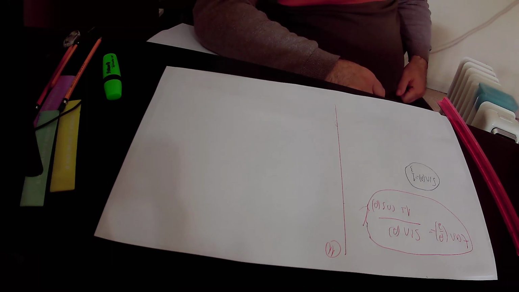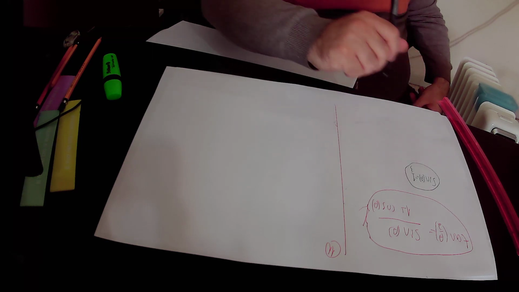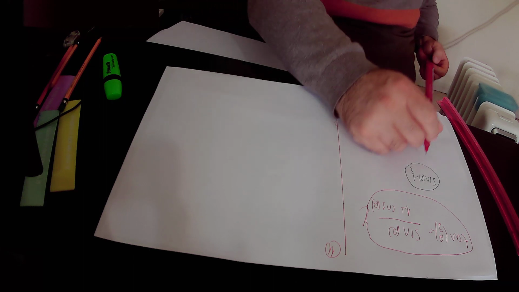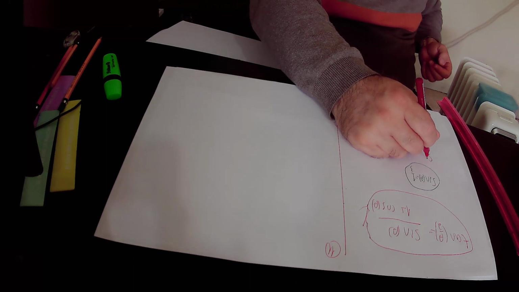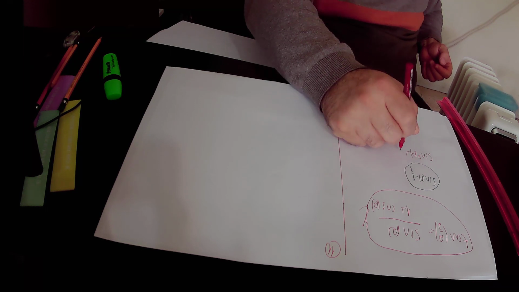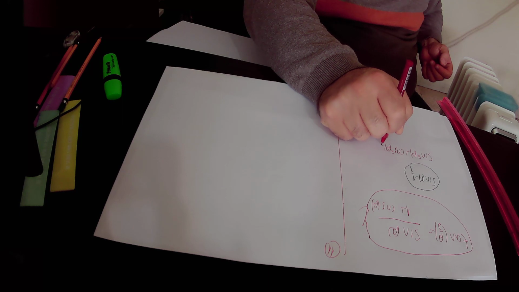And we have another trigonometric identity that states that sine squared theta plus cosine squared theta equals 1.